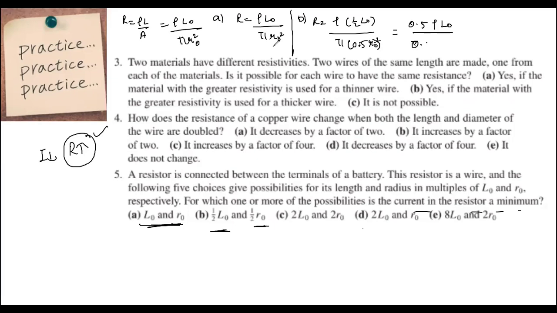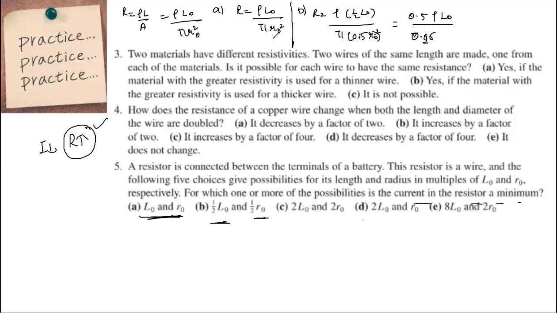So let me write that over here, and then I have pi R naught square. So what I'm left with is 0.5 divided by 0.25, so you will be left with 2.